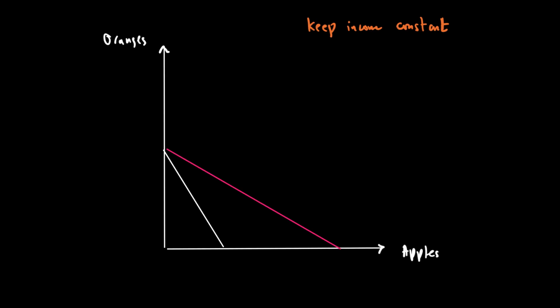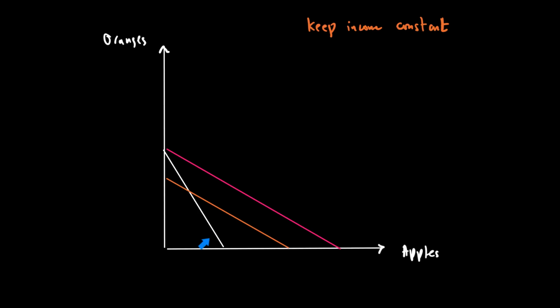So if I remove income, my budget line will move parallel backward. This orange budget line assumes there is no change in real income. It is telling us that I was previously on the white line, and now I'm on the orange line.